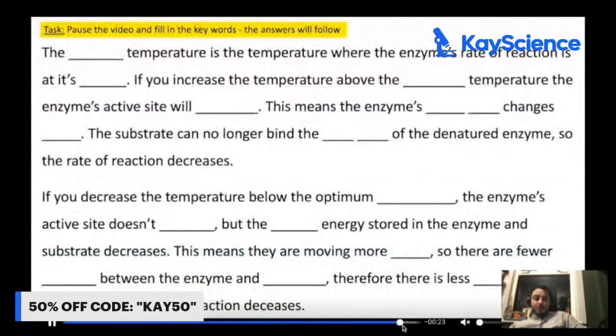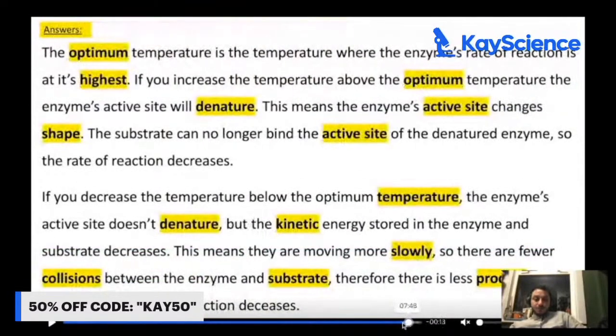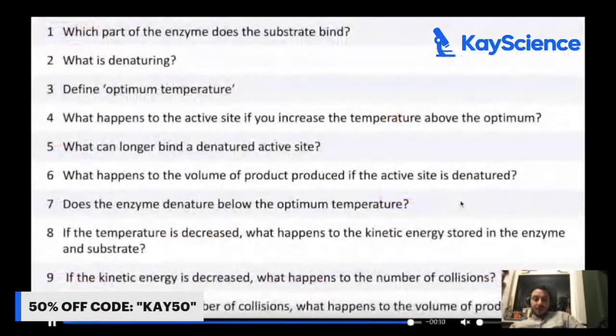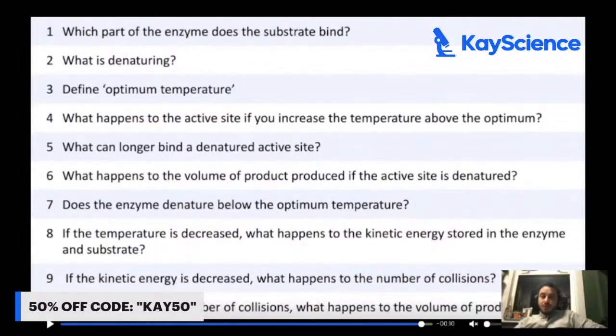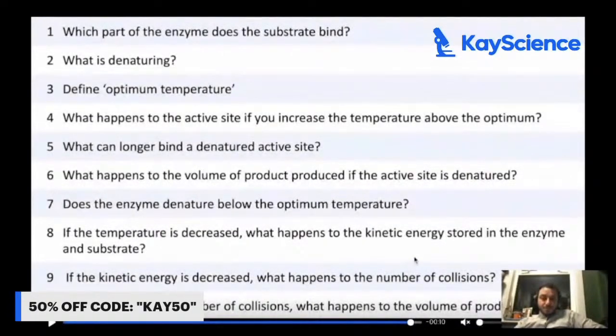So here's a gap fill, which I'm not going to do. And here are the questions. You've got a few minutes to attempt these questions, and then I'm going to come back and go through them with you. Okay, let's now go through the answers.